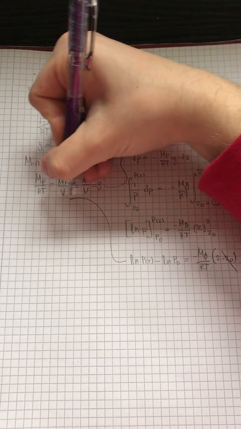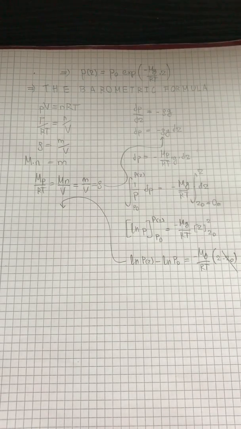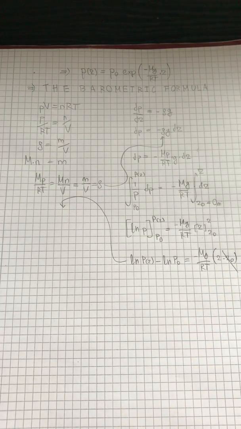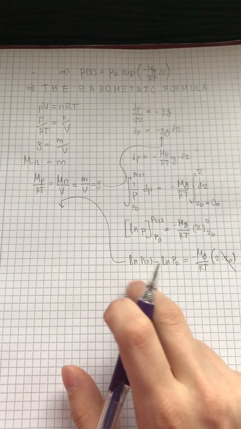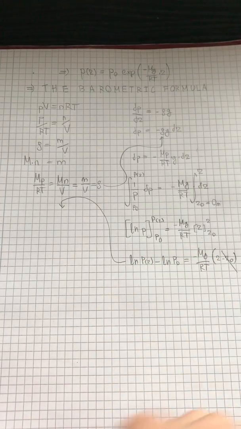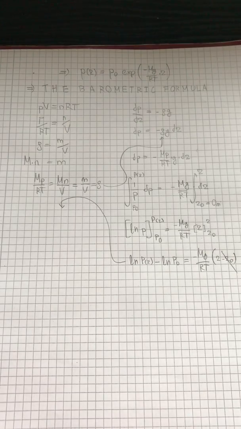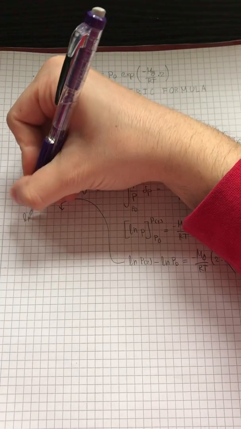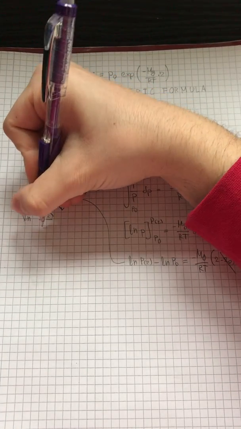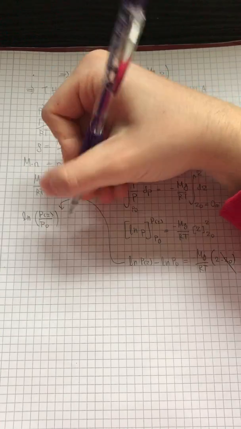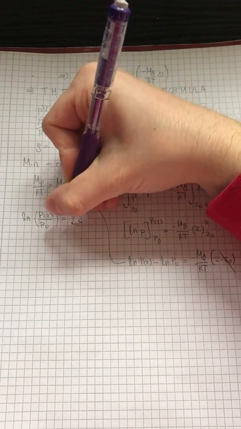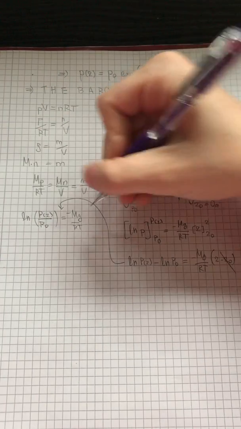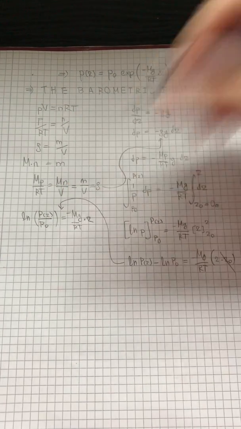Let's follow on to fill up this empty space on this page so that we don't waste paper, and let's remind ourselves that there's a log property: ln x minus ln y is equivalent to ln x over y. By the same principle, we can write that, which is equivalent to minus mg over RT, multiplied by z, our height.